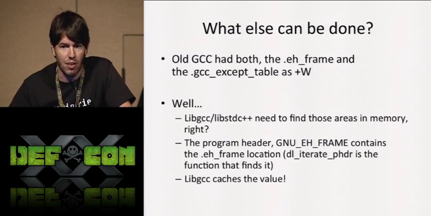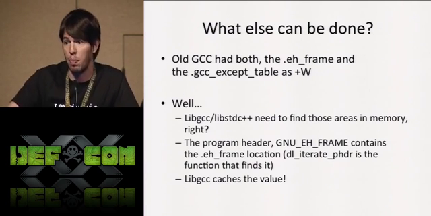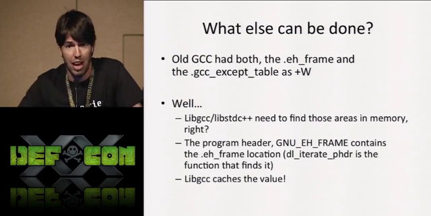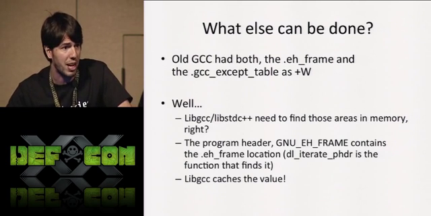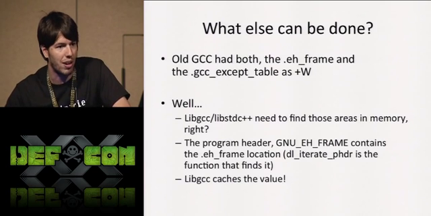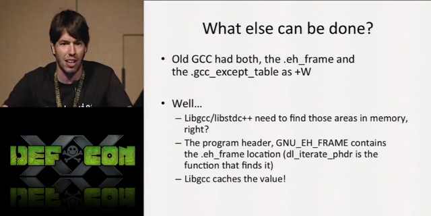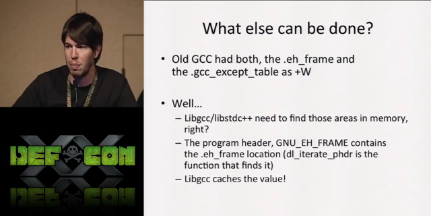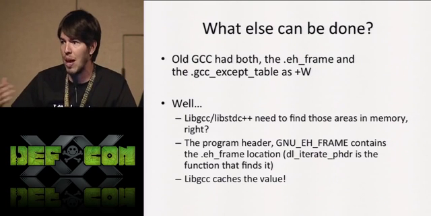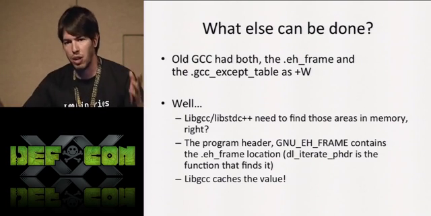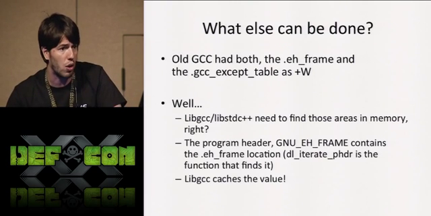This cache pointer points to the location in memory. If we overwrite this pointer, we can actually point it to a location in memory that we control, which means that we can point the exception handling table and all the exception handling mechanisms to another location in memory.